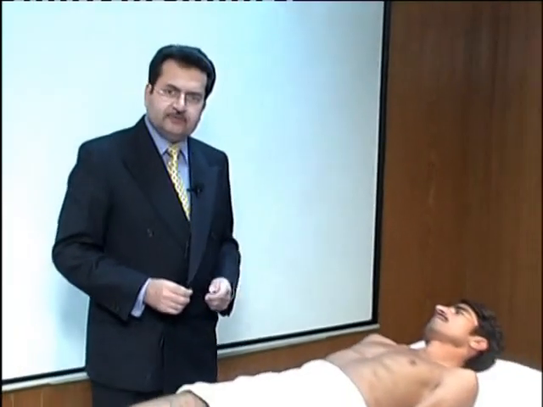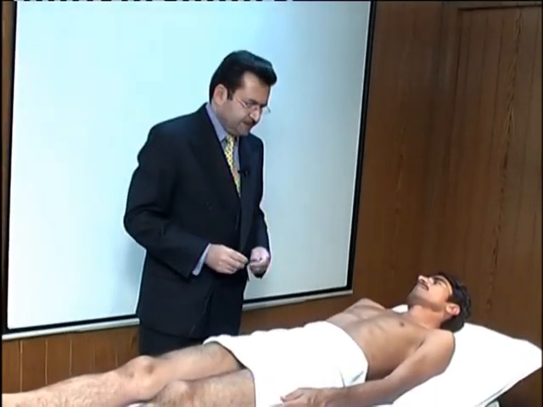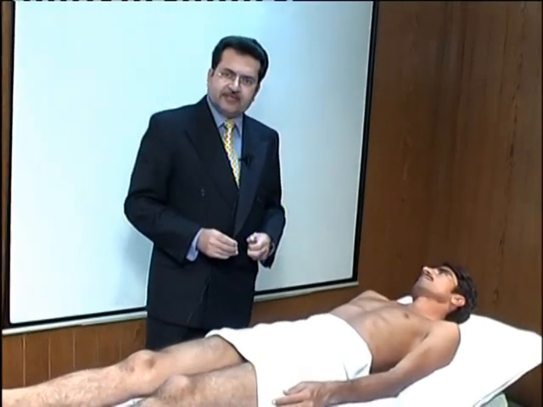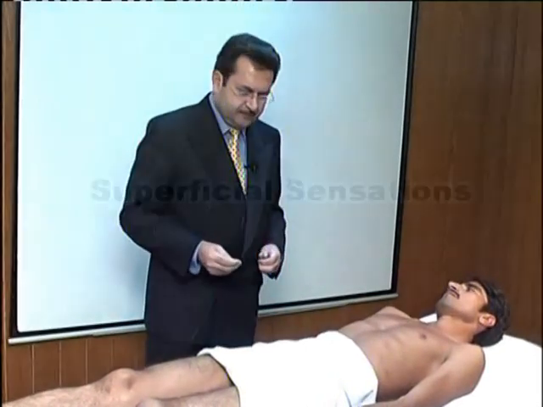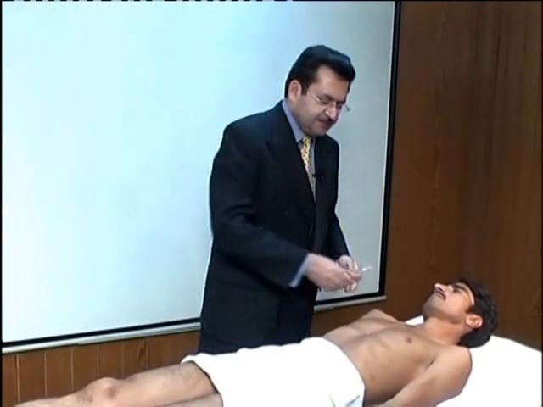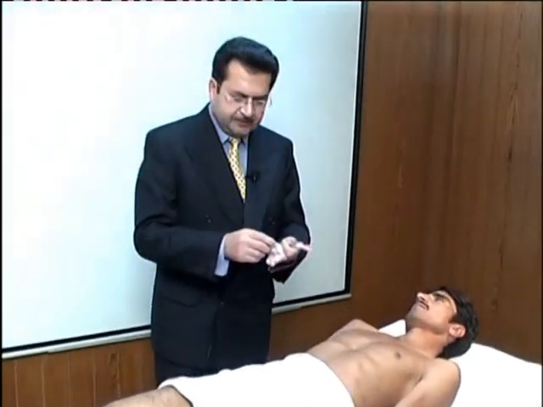Right, we come on to the sensory system, in which you check the superficial sensation and the deep sensation, especially the sensation of the touch and vibration, sense of position and sense of pain. Now, as far as the touch sensation is concerned, you should be well aware of all the dermatomal distribution of the sensory system.